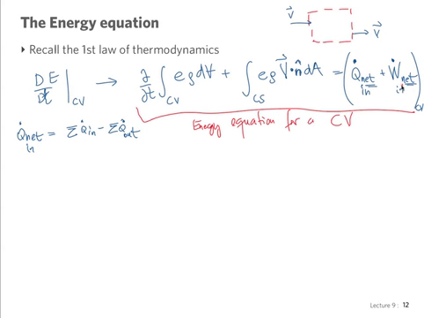And what we're usually going to be dealing with is systems where we turn energy of the fluid into work, or turn work into giving energy to the fluid. Either one. So what we want to discuss is the forms that these heat and work terms take for a fluid system.